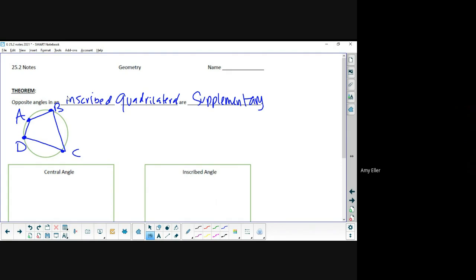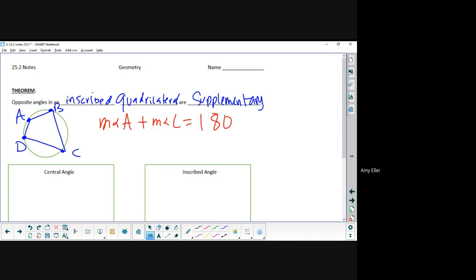Add to 180. So the opposite angles, angle A and angle C, those are opposites. They are supplementary. They add to 180. Does angle A equal 180 and angle C equal 180? No, together they add to 180.